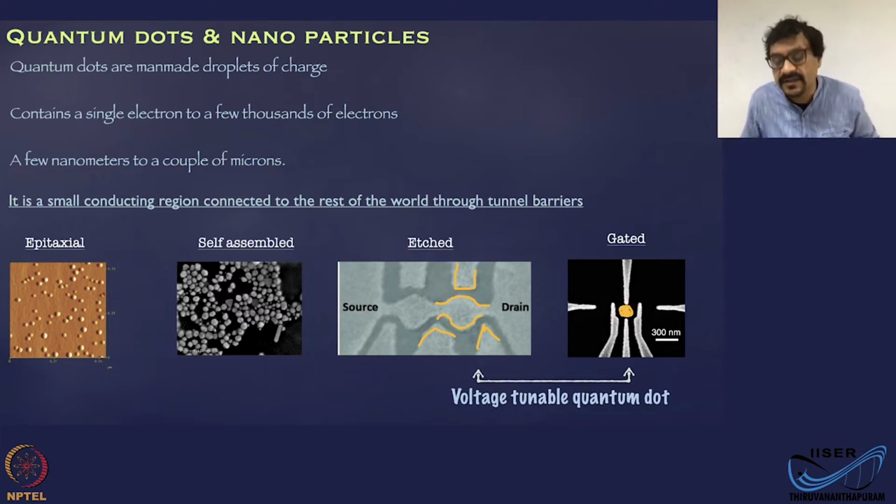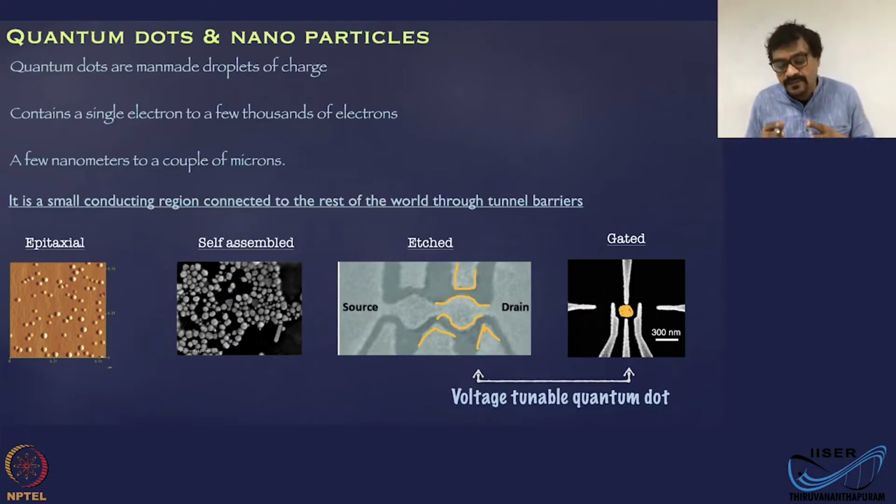So in general, these two techniques are used for realizing tunable quantum dots, whereas the other techniques are not really applicable where you want to tune properties such as the size and shape of the dot.